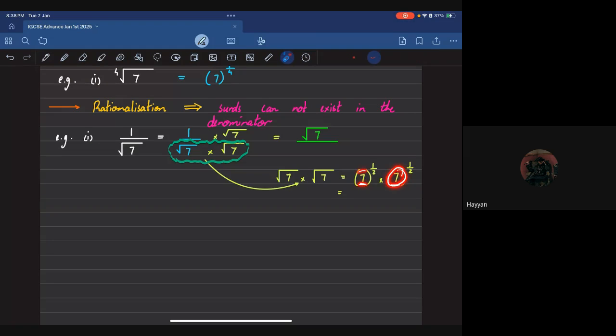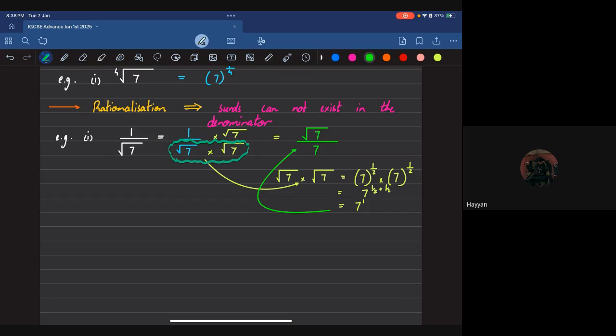If the bases are same and are being multiplied, powers are added. So 7 raised to the power 1 over 2 plus 1 over 2. Half plus half is 1. So 7 raised to the power 1. So your final answer is going to become 7.